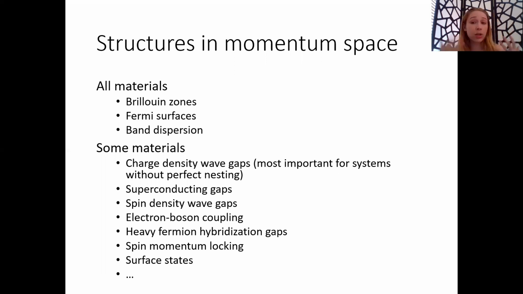So there are many structures in momentum space that can be measured directly by ARPES, and this technique gives very detailed information about how electrons move in a crystalline solid in momentum space, which in turn can be mapped onto either emergent phenomena such as superconductivity, or it can be mapped onto bulk measurements such as transport.